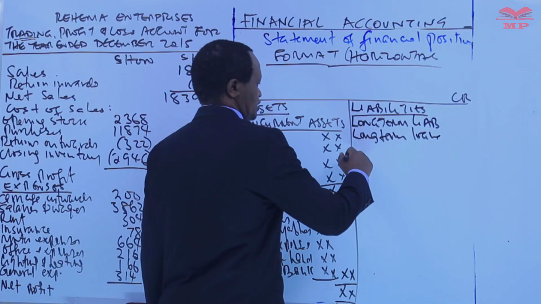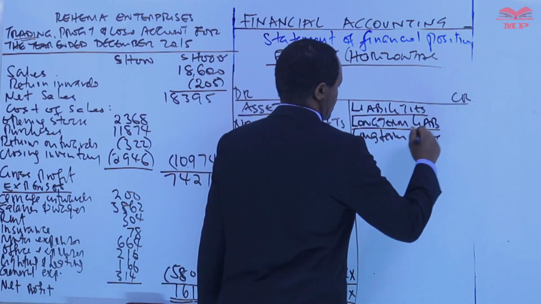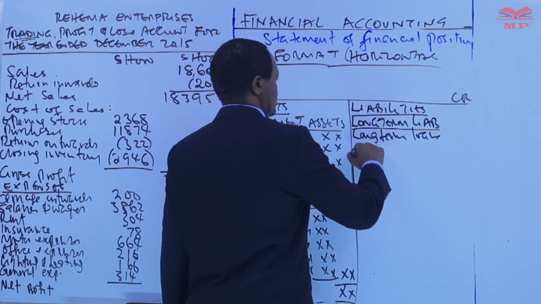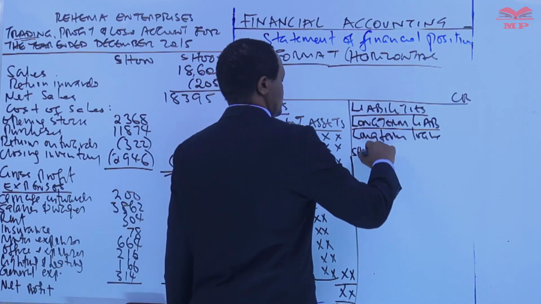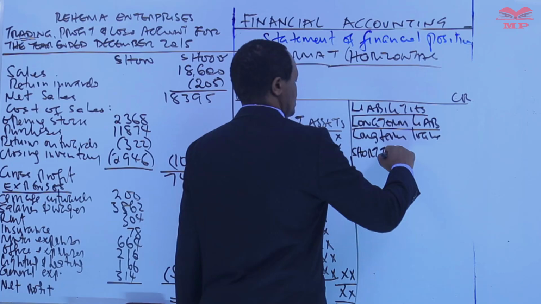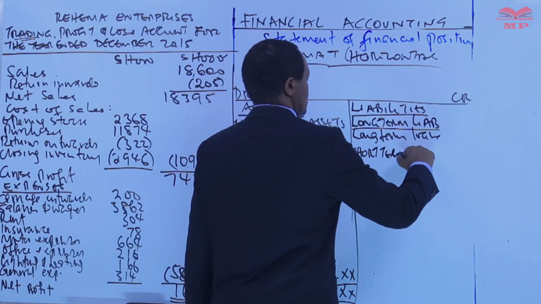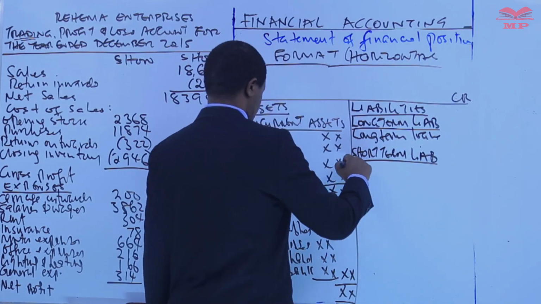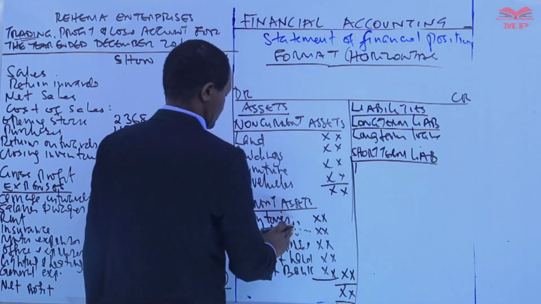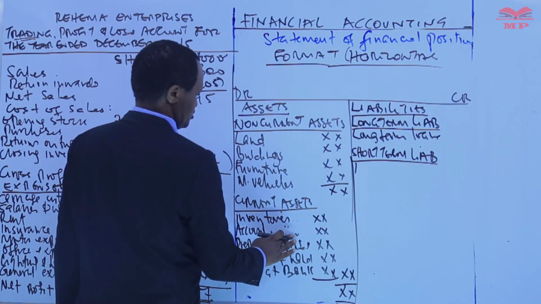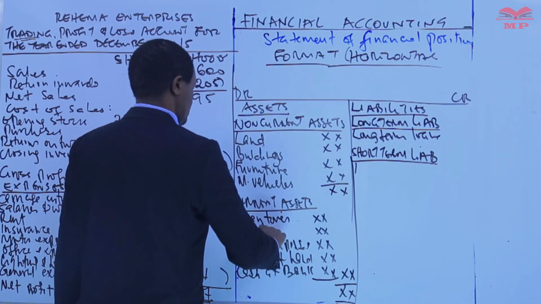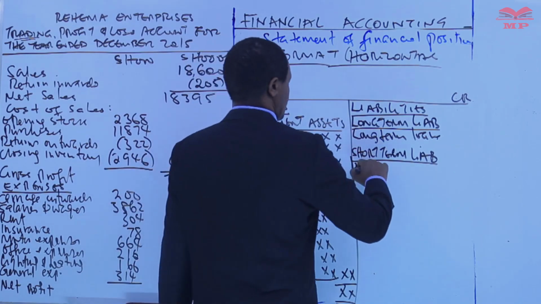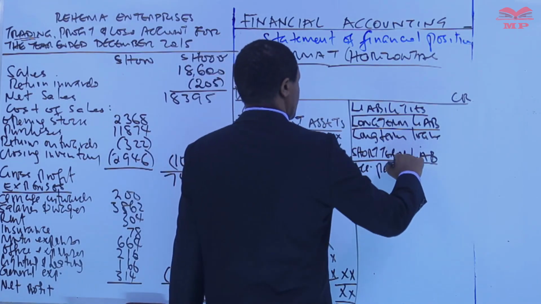We also have short-term or current liabilities, like accounts payable. This is accounts payable, not receivable. Here we have accounts payable or creditors.